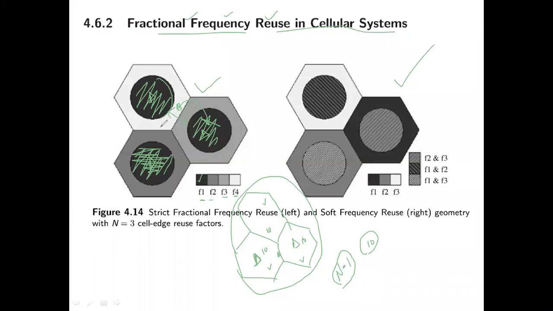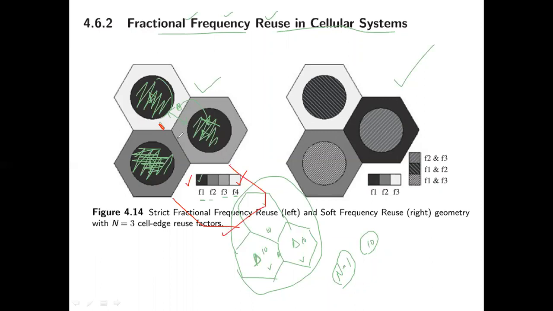Then suppose there is a user here at the cell edge, he is not being allocated this frequency, rather he is being allocated this particular frequency. You can see this user here is being allocated this particular frequency, and the nearest place where this frequency is again going to exist is here, probably in this particular range.